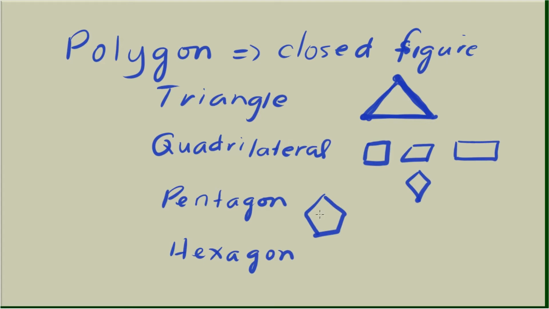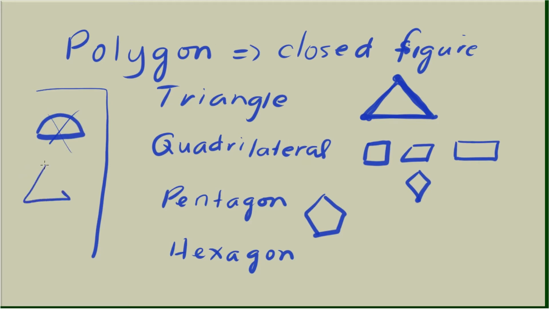So they have to be closed, and the sides have to be line segments, and they have to intersect at their endpoints. These are not polygons right here. This one has a curved side: though it's closed, the sides are not line segments.